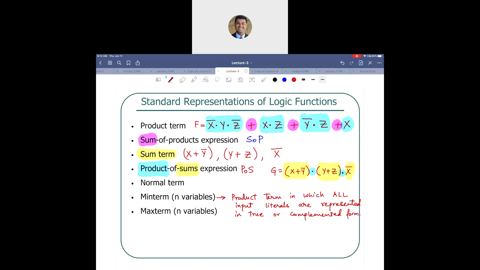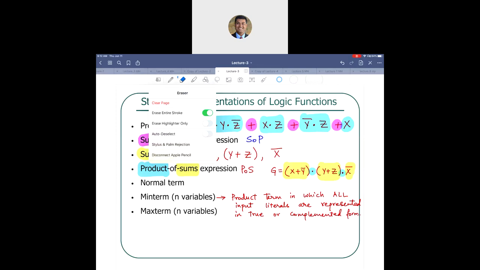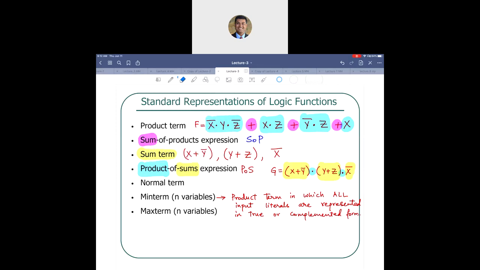Now, to talk a little bit more about this, let me erase these highlights. I want you guys to observe that expression right there at the top. Are there any min terms in that expression? Think about that.